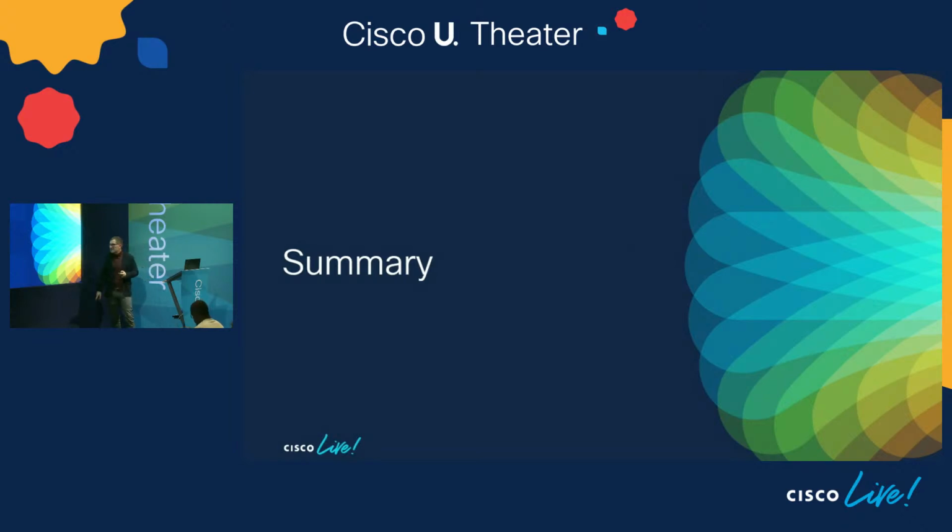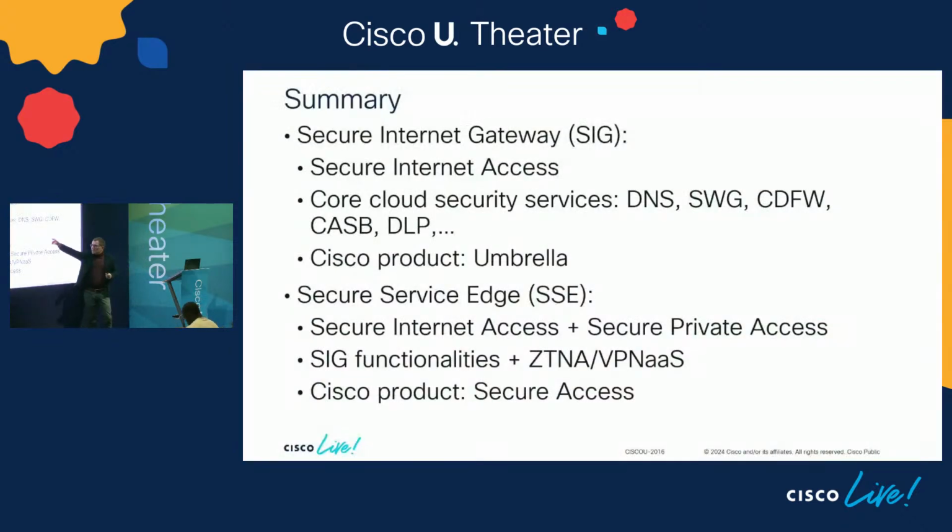And to sum up, Cisco Umbrella is secure internet gateway solution addressing this secure internet access use case, covering capabilities such as DNS, secure web gateway, cloud-delivered firewall, CASB, DLP, and Cisco Secure Access, on the other hand, is a full SSE product, so covering all these SSE capabilities, addressing both secure internet access and secure private access use cases.